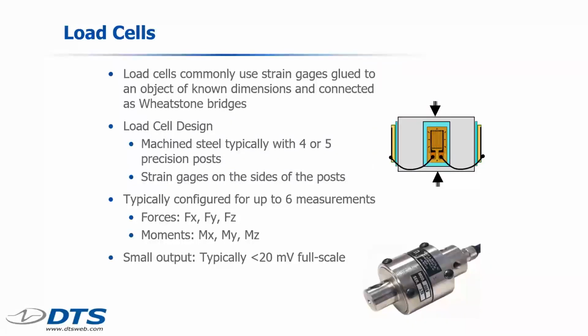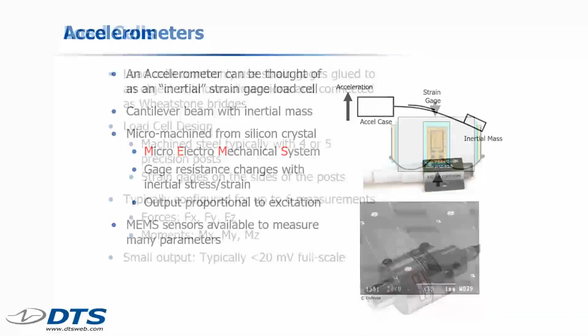And if we build the load cell correctly, we can then identify the forces in 3 different directions and the moments or the torques in 3 different directions. And it's important to note that load cells have a very low output, as do many sensors, typically less than 0.02 volts or 20 millivolts full scale. So it's very difficult to do anything with that voltage without proper amplification and filtering.